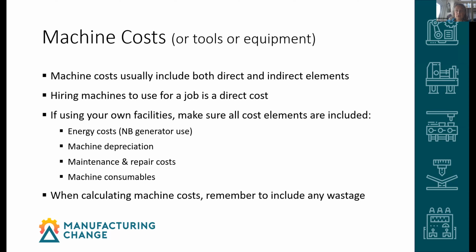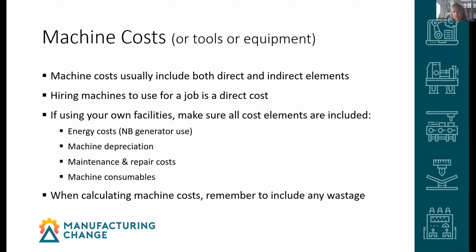If you're using your own facilities, then you need to make sure that you're covering all cost elements. And of course, makerspaces who want to know how to set the prices to charge for their machines also need to think about all of these elements.